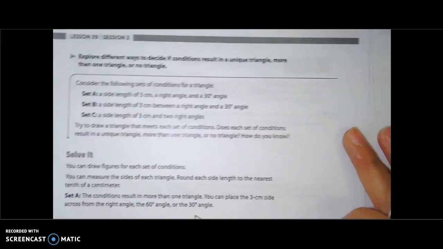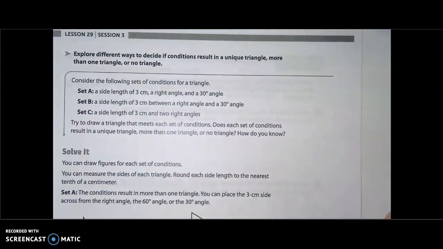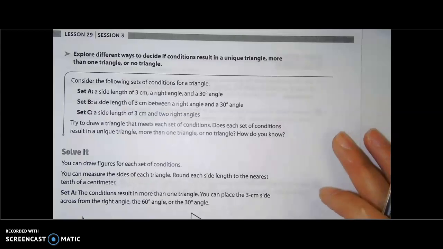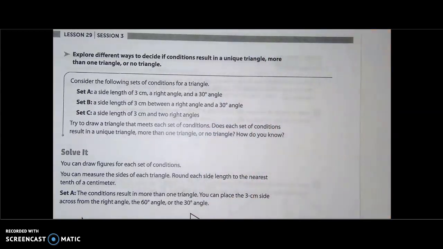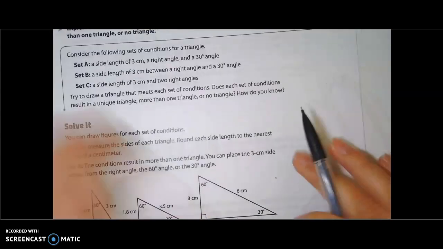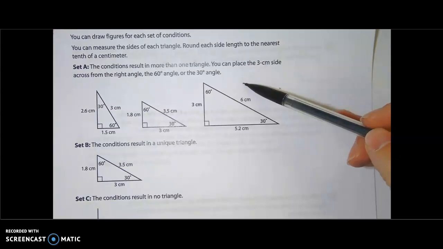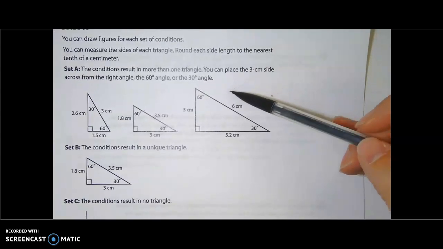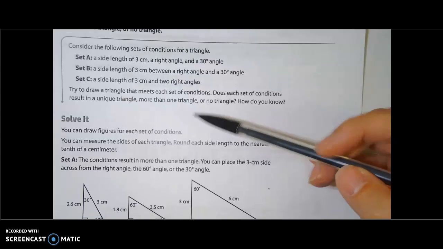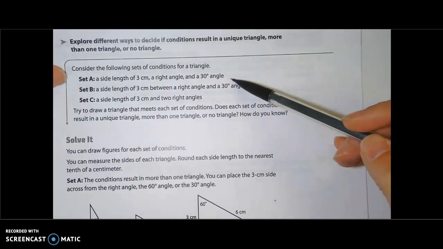Lesson 29, session 3, we're talking about given certain conditions, do the following sets, can they draw a triangle? What we found out when we did our try it is that for set A, the conditions result in more than one triangle because it didn't give us any specifics on where things went.